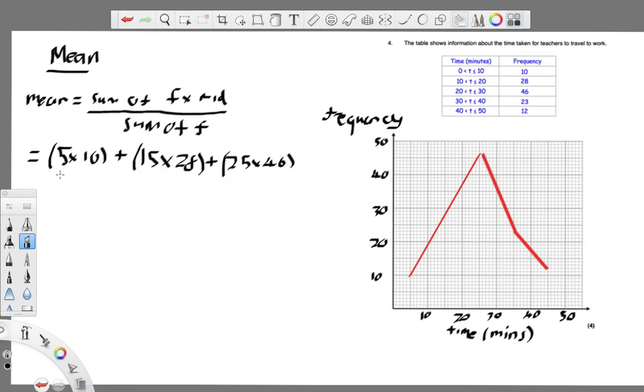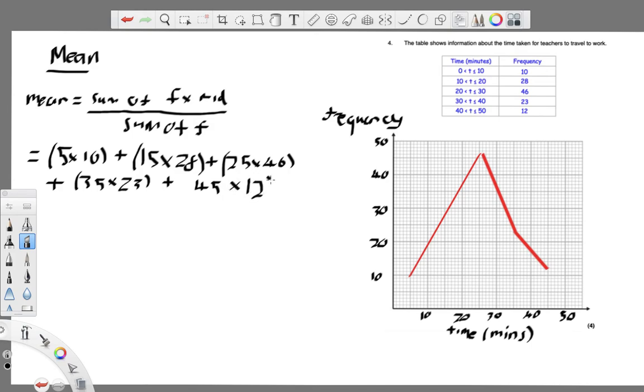Then the fourth. So it's this point here. So the midpoint is 35, and it's 35 times 23. Frequency there is 23. And then for the last, the midpoint is 45. So it's this point here, 45, and the frequency is 12.